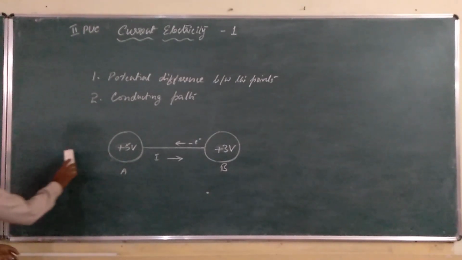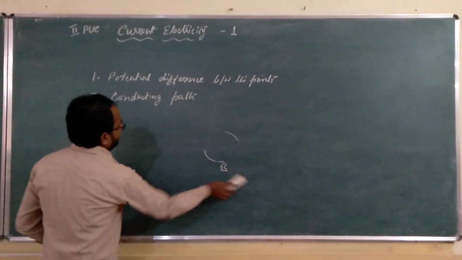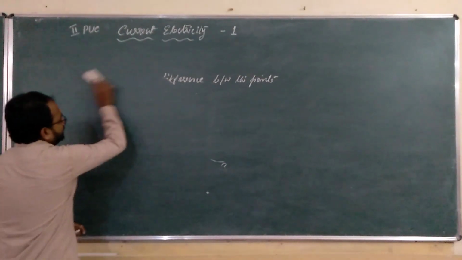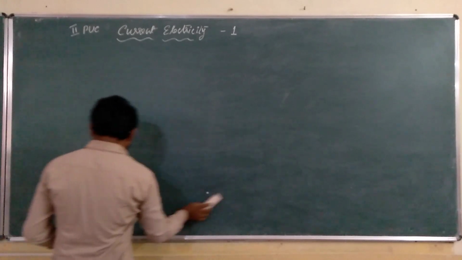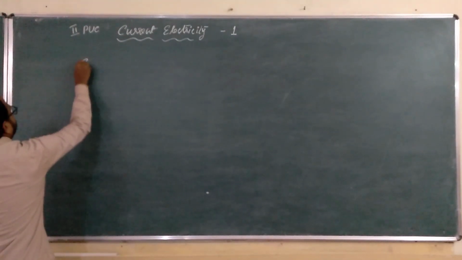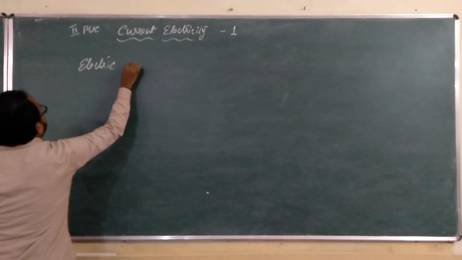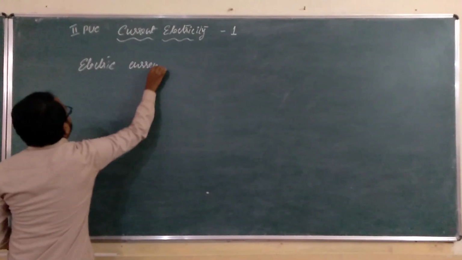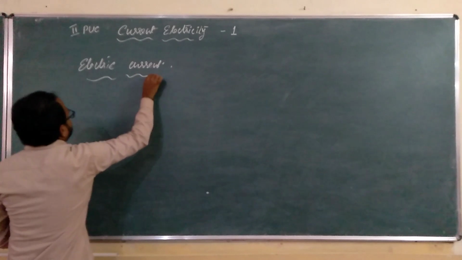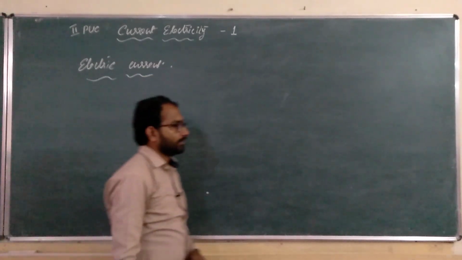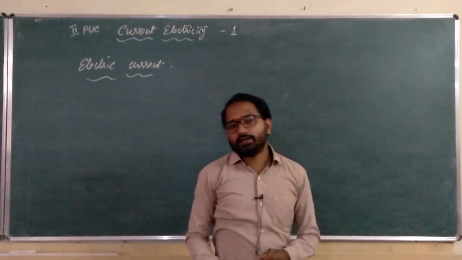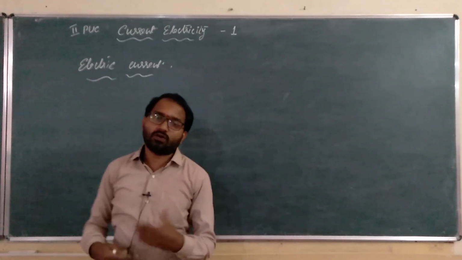Now I define the current. How do we measure the current? The flow of charges per unit time is called current.